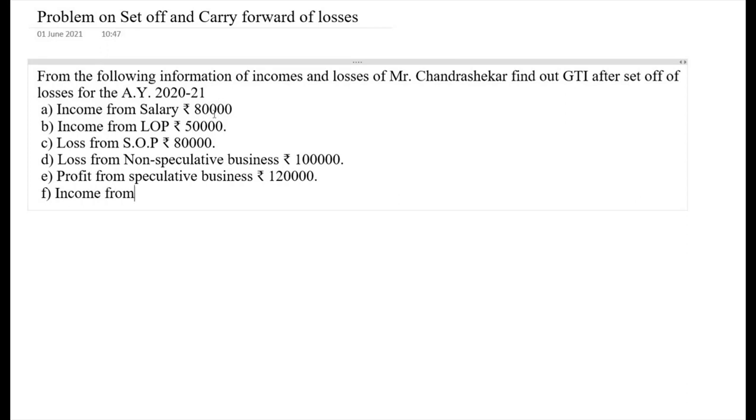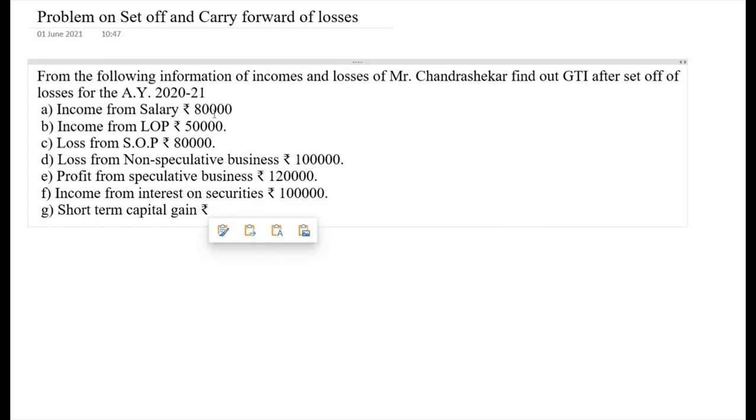Income from interest on securities, rupees 1 lakh. Short-term capital gain, which is given as rupees 2 lakhs.